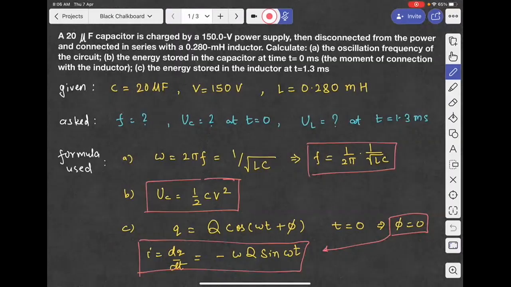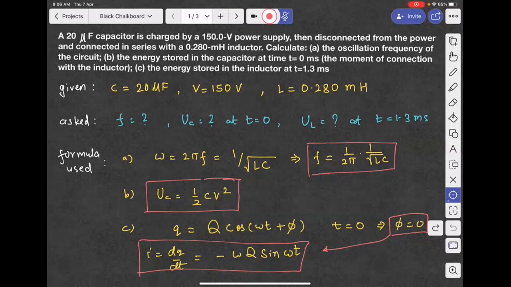Now the third part, energy stored in the inductor at t equal to 1.3 millisecond. We have current equation which we have already converted in the form of omega and t. This omega we will calculate by multiplying f to the 2 pi. So let us do that. And also we will need q.